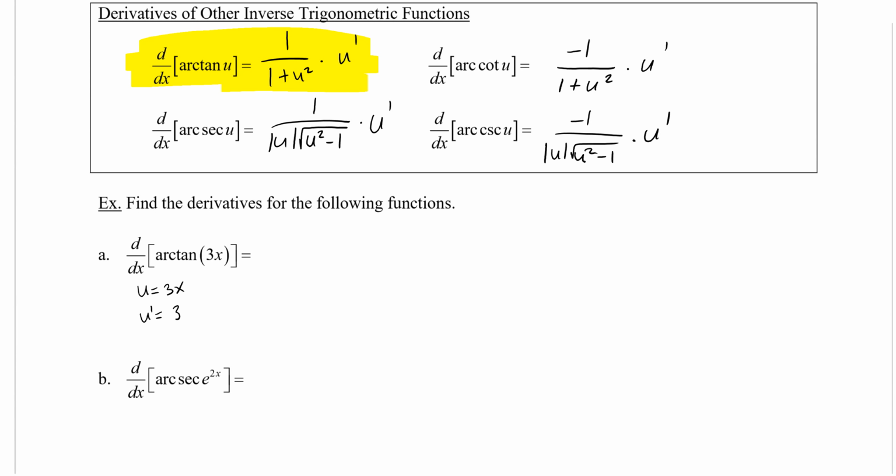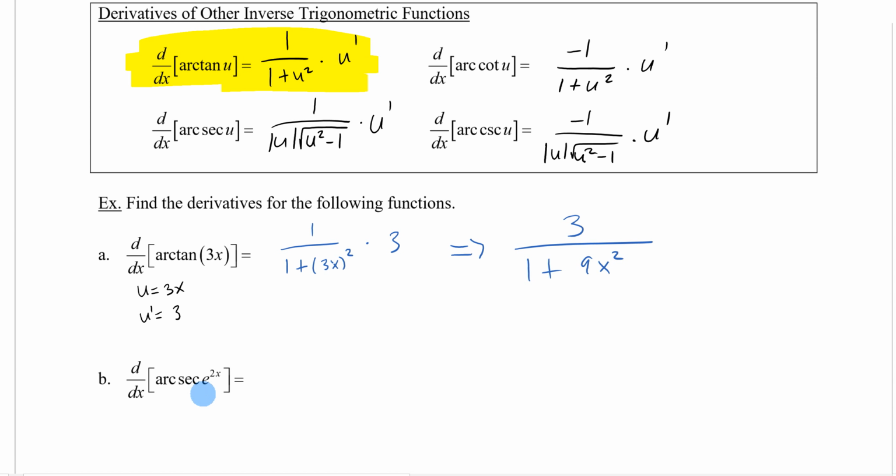So using the rule, all I would have to write is 1 over 1 plus u squared times u prime. And the final form would be 3 over 1 plus 9x squared. I'm sorry, I'm getting a little ahead of myself. That is the derivative for arctangent 3x.